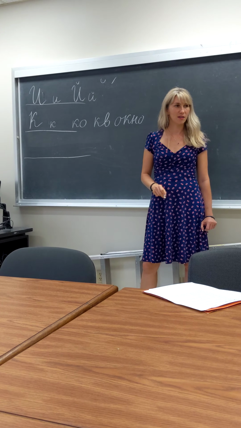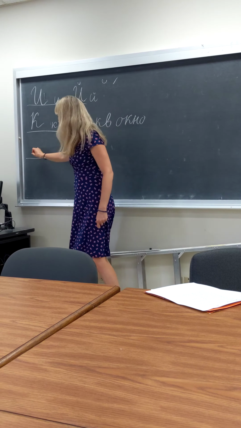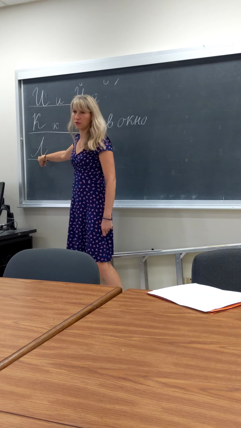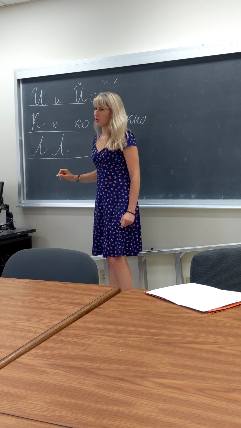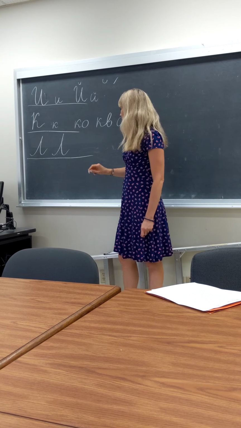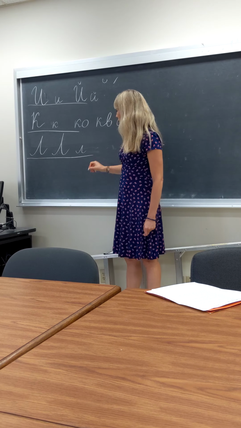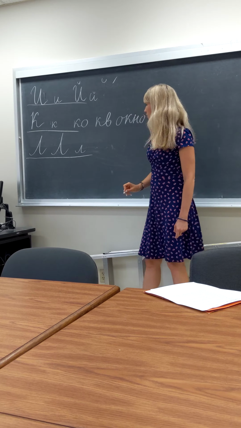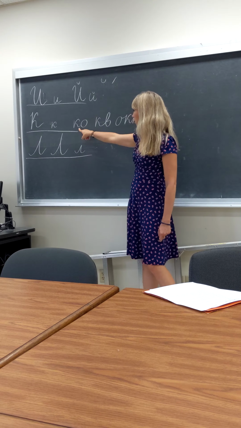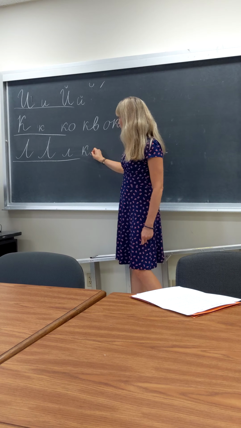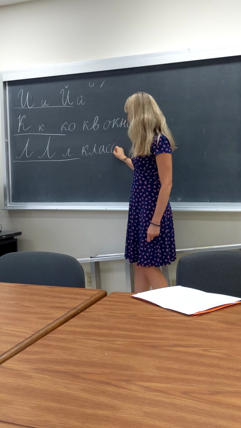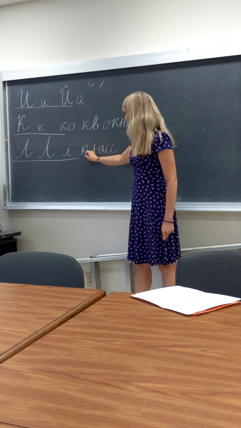Next one. L, right? So this one is just a simple letter, and the little one is the same way. And for example, to connect two of them, like in class, right?